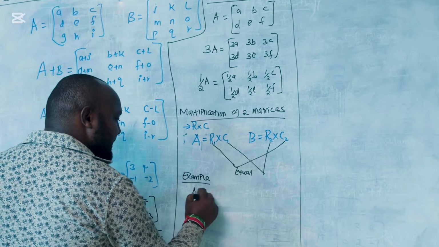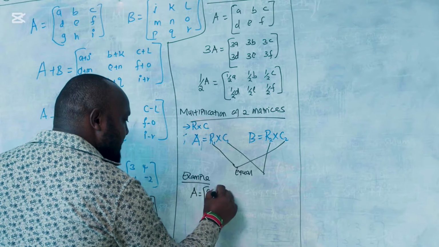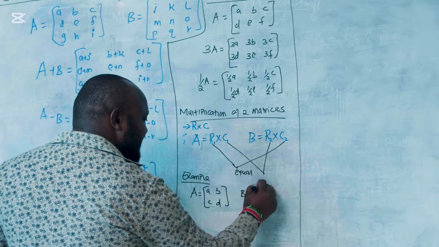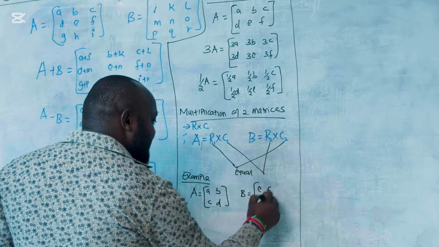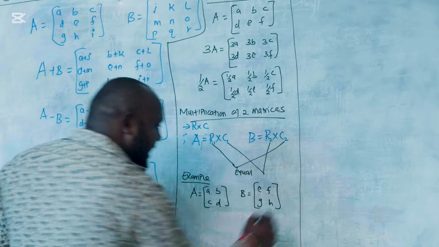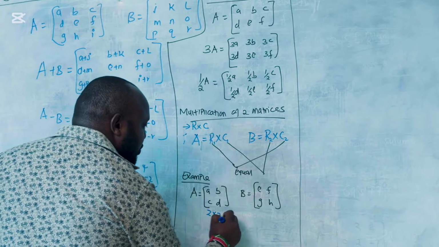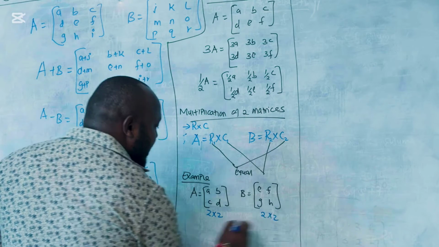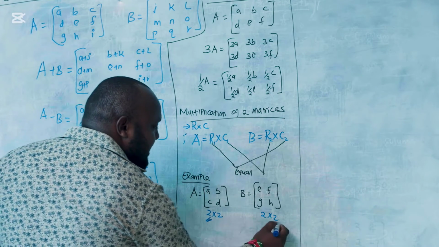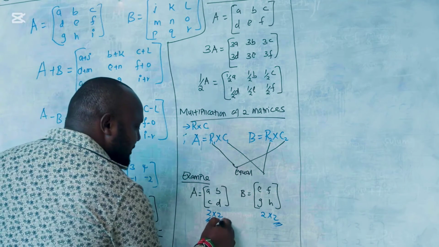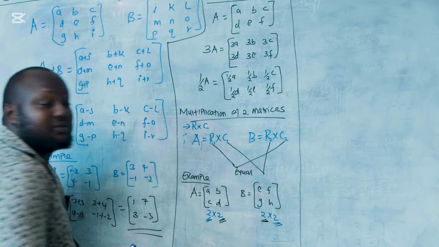Let's assume I have matrix A, which has A, B, C, D. And I have matrix B, which has E, F, G, H. As you can see here, it is 2 by 2. And here it is 2 by 2. The number of rows is the same as the number of columns here, and the number of columns of this one is the same as the number of rows of this one.